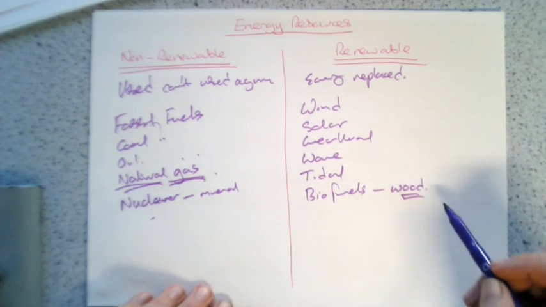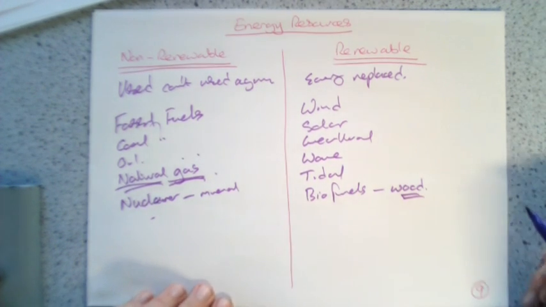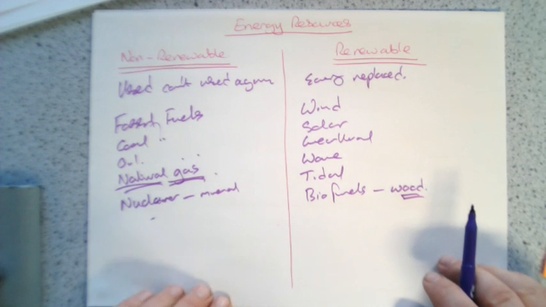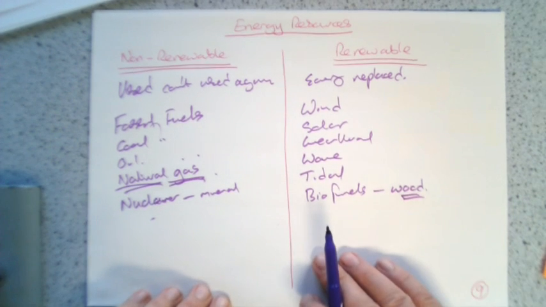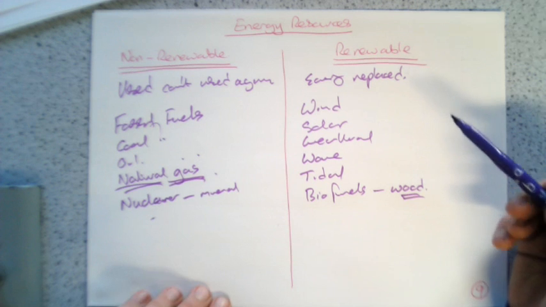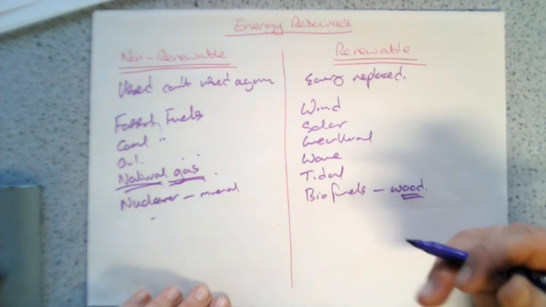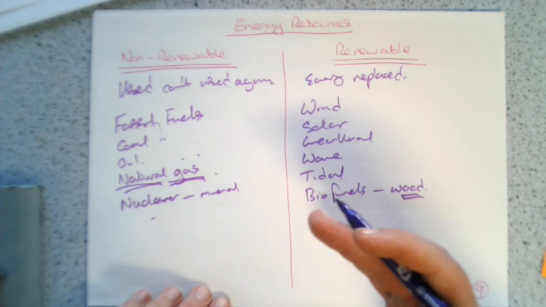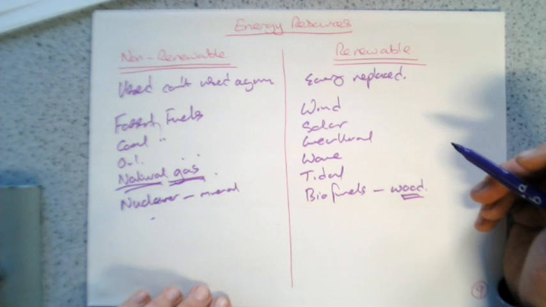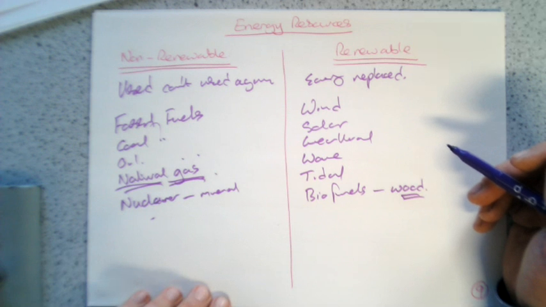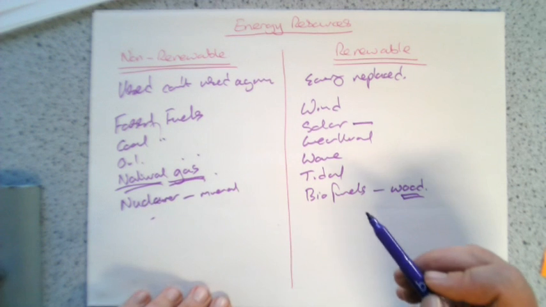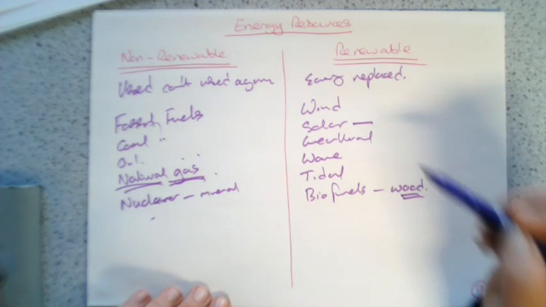But one of the things they might ask you about, what are the advantages and disadvantages of actually using these materials? Okay, so what's an advantage of using our renewable ones? Well, an advantage is that quite easily, they're not going to run out. We're going to be able to use them, okay, for a long time. And what's a disadvantage? Well, they're not always reliable. So think about it. Today is, in the UK, very, very sunny. Okay, well, that is where we are now. Okay, but is it always sunny?